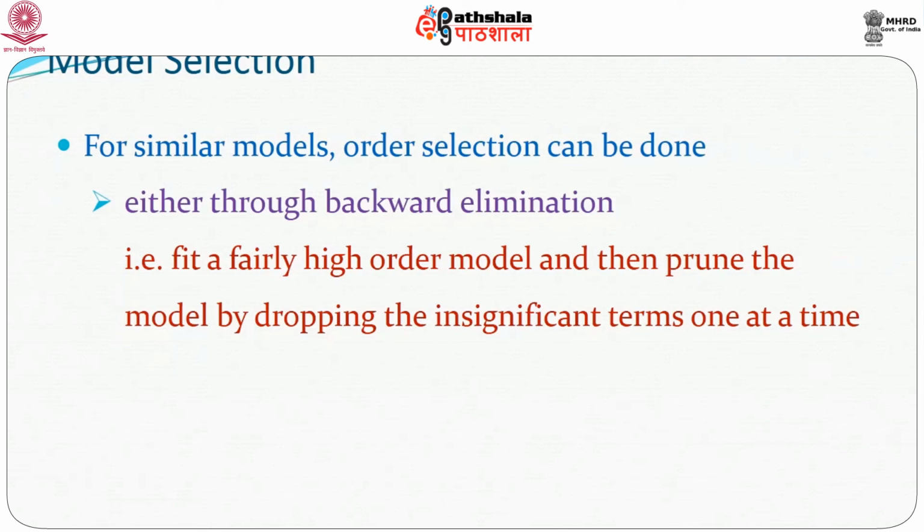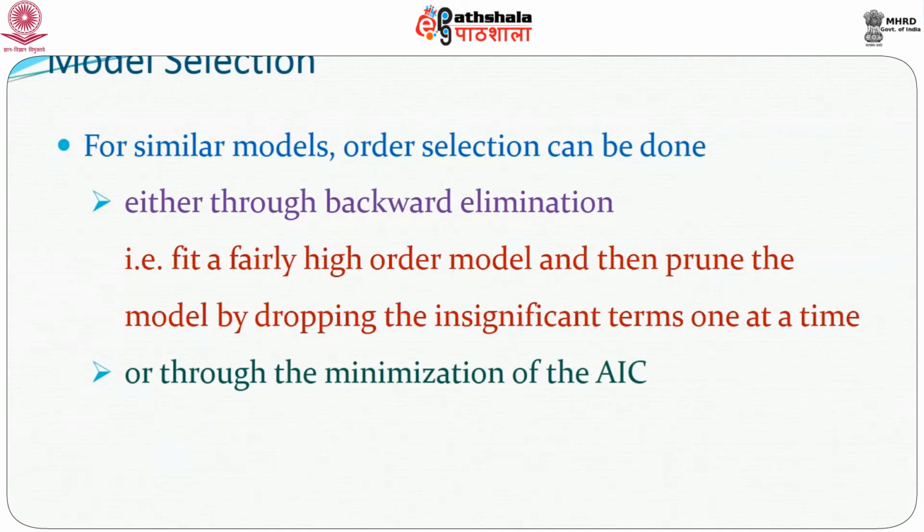That is, if you have very high orders with insignificant coefficients, you drop these terms one by one and make the model smaller. You can expect that higher orders will generally have less effect than the lower orders, that is, the recent past, and then you can choose the model accordingly.